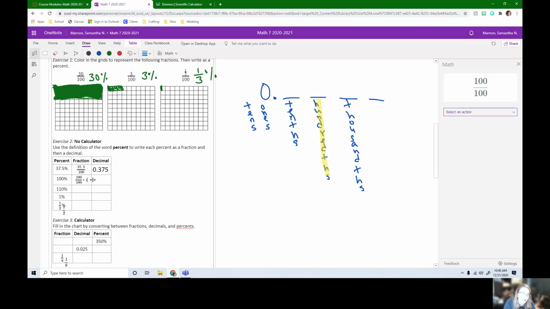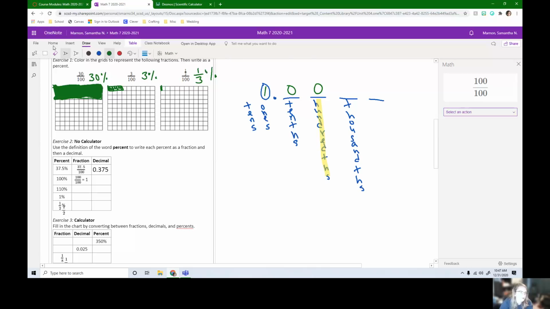If you do want to simplify, that's just going to be equal to 1. 100 over 100, the same number on top and bottom, is always 1. If I wanted to write this as a decimal, if we have 100 hundredths, it needs to end here. So we'd have 0, 0, 1.